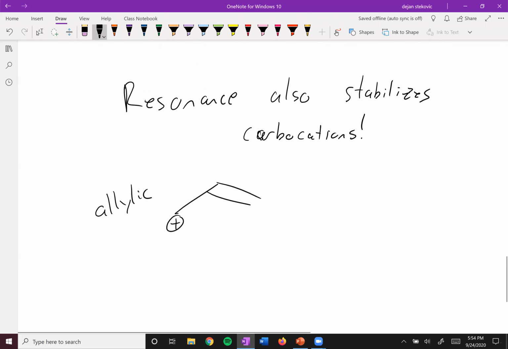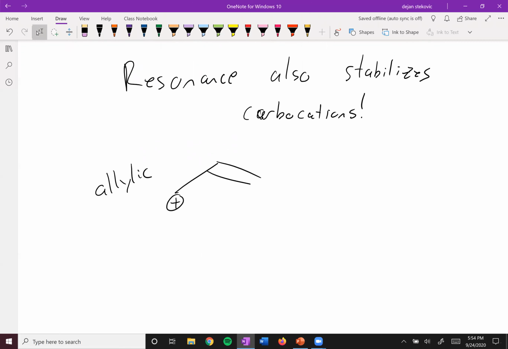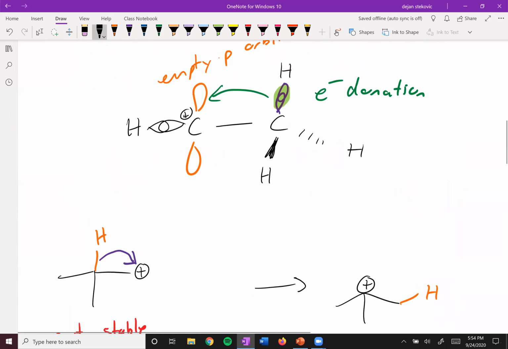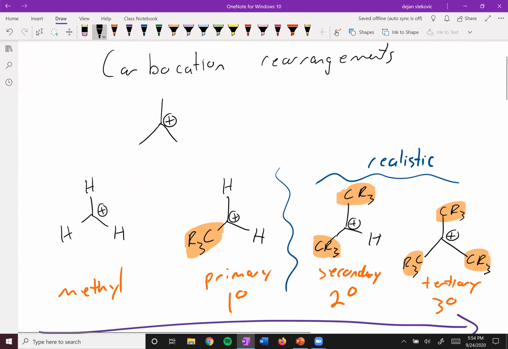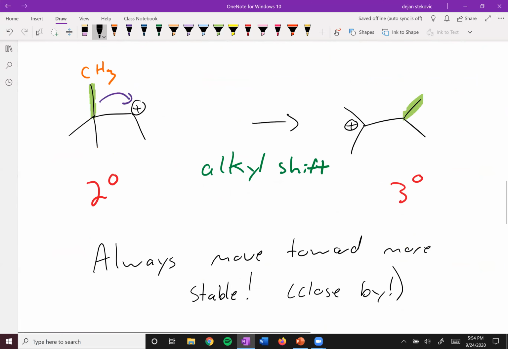So this carbocation is right next to this lone pair, and this is stabilized because of resonance. This positive charge is spread out more evenly, and so it is more stable. So keep an eye out for carbocation rearrangements, or alkyl shifts, or hydride shifts.